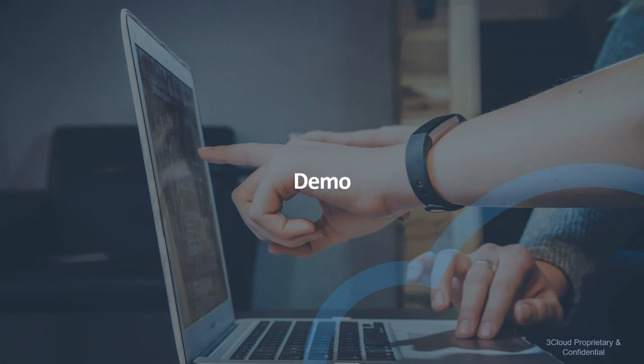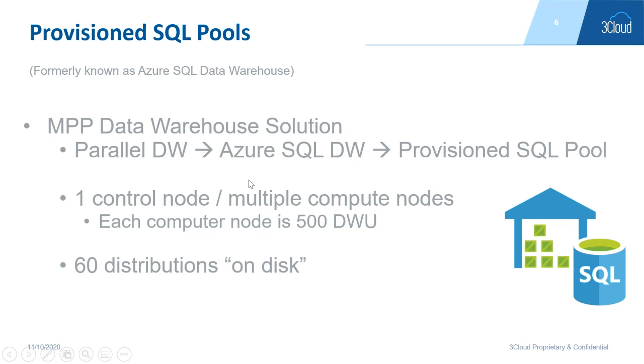So first one, and this is the big one in here, right? It's easy to talk about because it's the one most people understand, and there's not as much unknown for a lot of folks on this one. You've been using SQL Server maybe, or you've been using SQL Data Warehouse already. This is that solution.